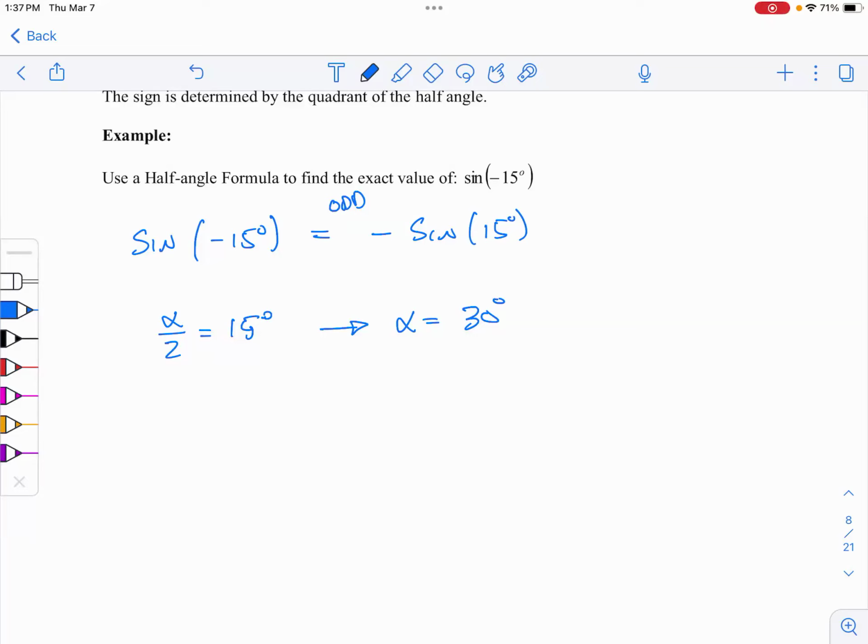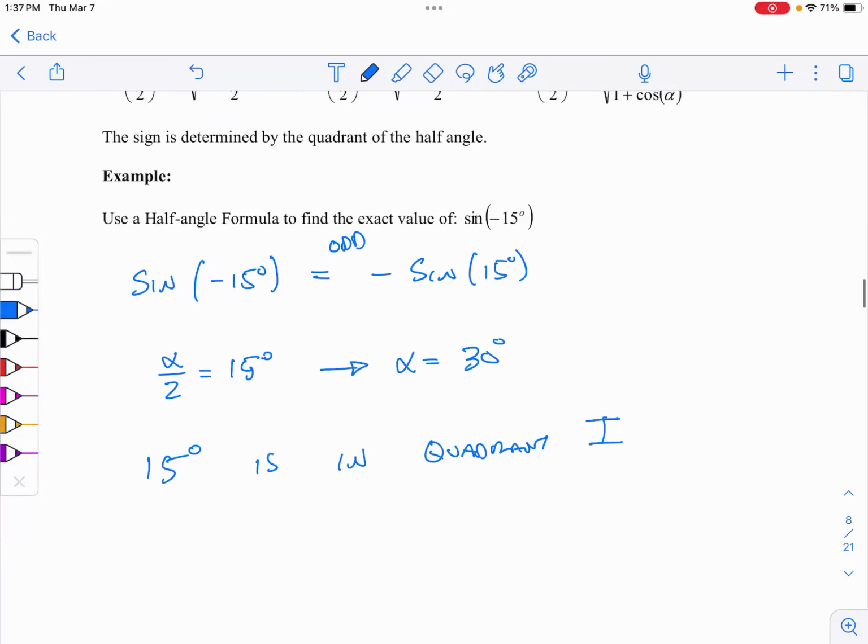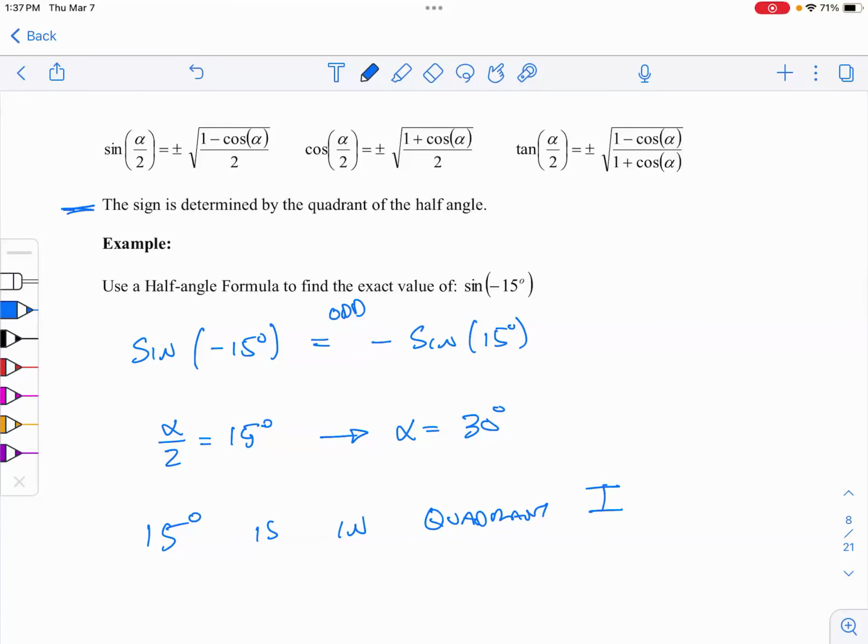Okay, the other thing we need to determine, okay, 15 degrees. What quadrant is 15 degrees in? The first. All right, and this is what this little note here is.